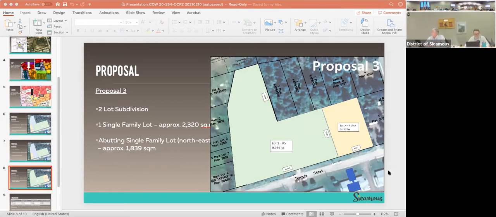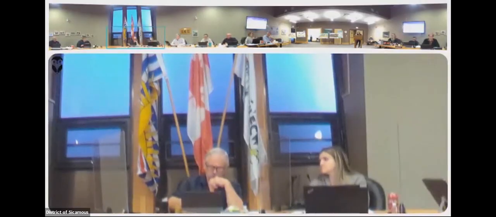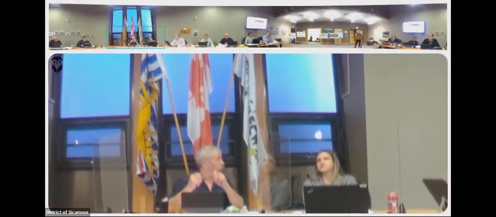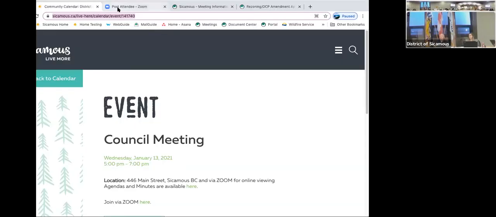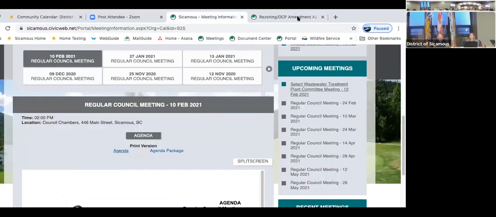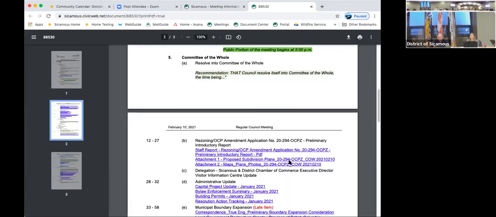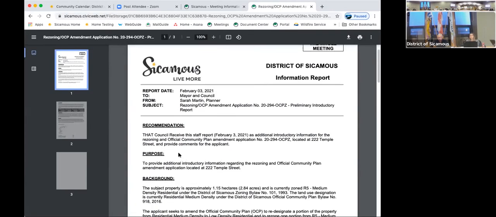All right, any other comments? So there is a couple of recommendations here that we need to get passed by council so that Sarah can move forward with the conversation. Just for information. It's just a recommendation by the office. So there's 2 recommendations, and the council receives the staff report February 3rd, 2021 as additional introductory information for the rezoning official community plan amendment application number 20-294-OCPZ located at 222 Temple Street, and provide comment for the applicant.